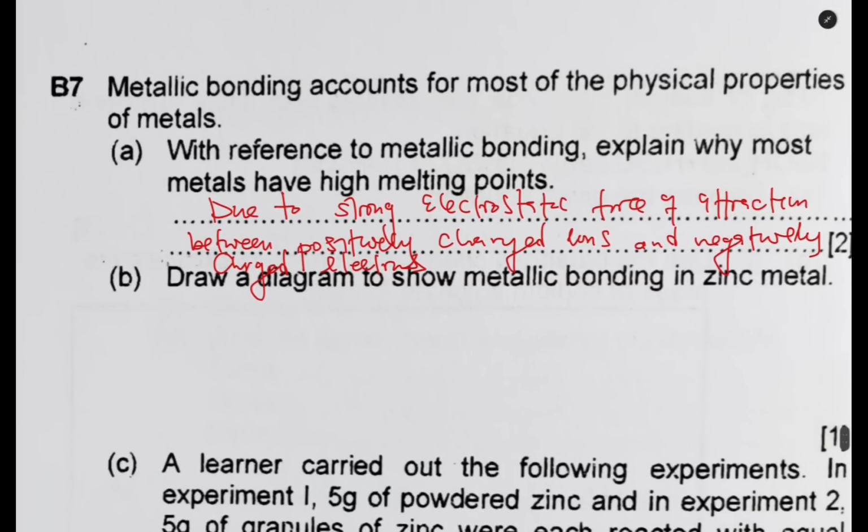Draw, that is on question B. We are on question B. Draw a diagram to show metallic bonding in zinc. So metallic bonding occurs within a metal. So we are going to say this is a zinc metal or a piece of metal. Then zinc, you know that it has a valence of 2. So we are going to say this is zinc and it has lost 2 electrons.